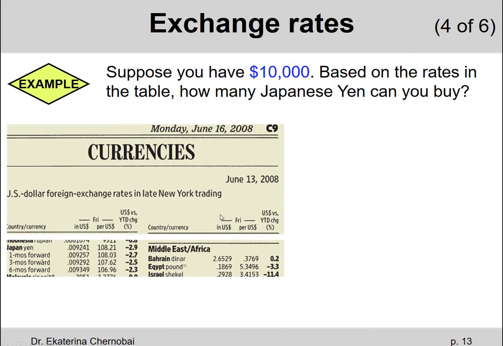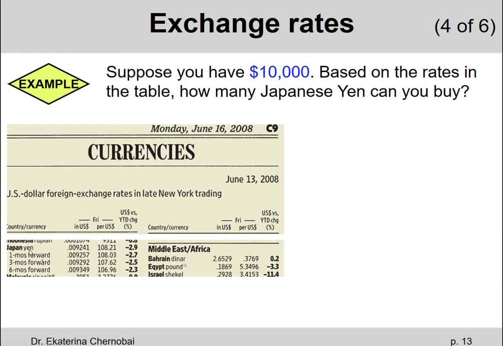Okay, now that we know how to read exchange rate quotes, let's see if you can figure out the solutions to the next couple of problems. Let's say you have $10,000. Let's say you go to Japan, right, to travel. Based on the exchange rates in the same exact table, how many Japanese yen can you buy with $10,000?